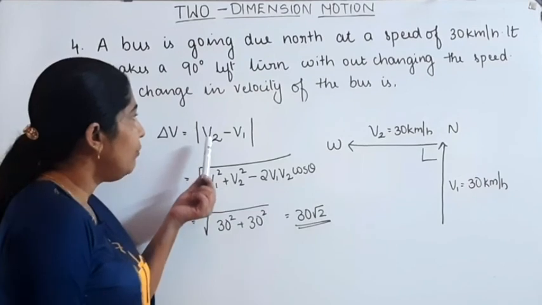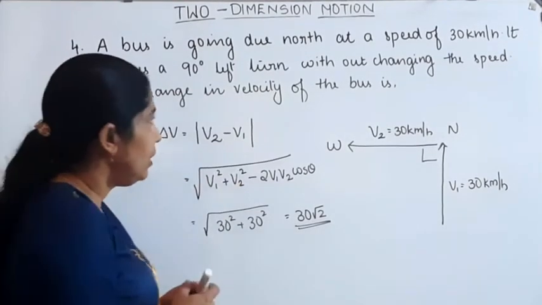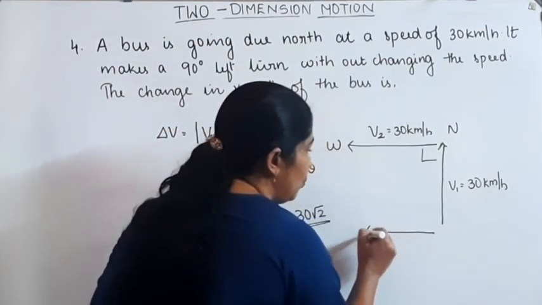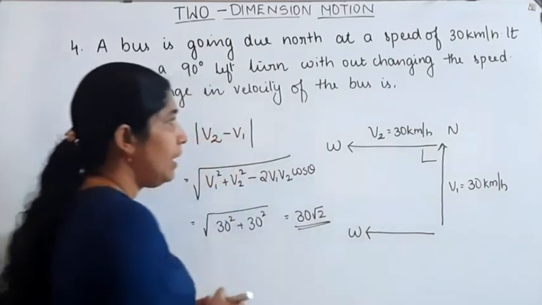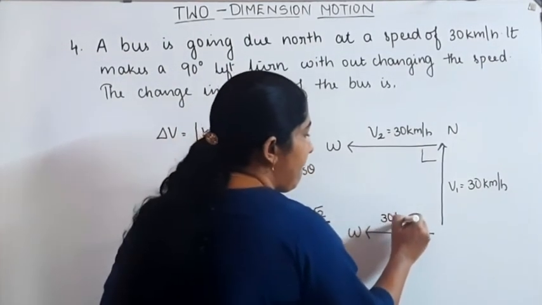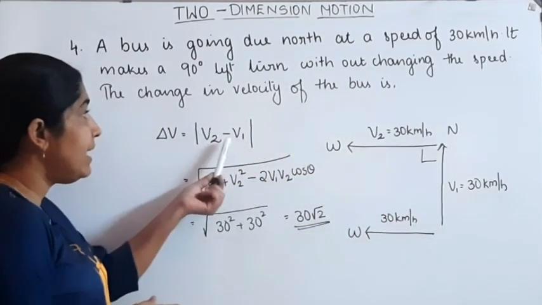But here we want to take V2 minus V1. Therefore, V2 is towards west with a velocity 30 km per hour, and we take minus V1.